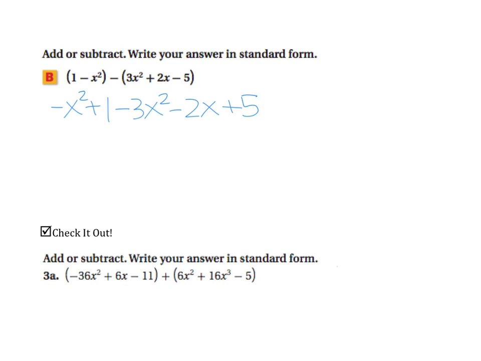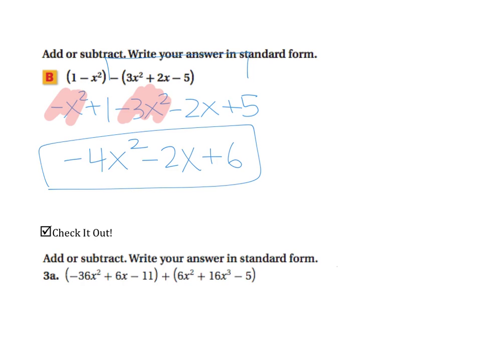And then you can just combine like terms. There's no x's other than the minus 2x, and 5 plus 1 is 6.